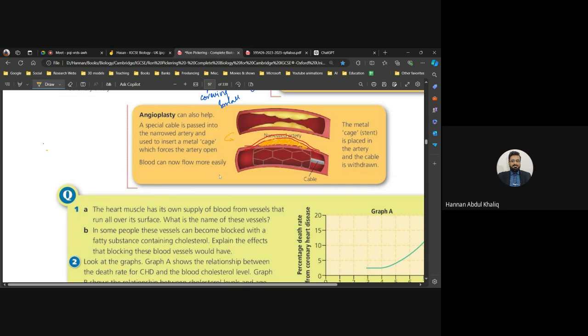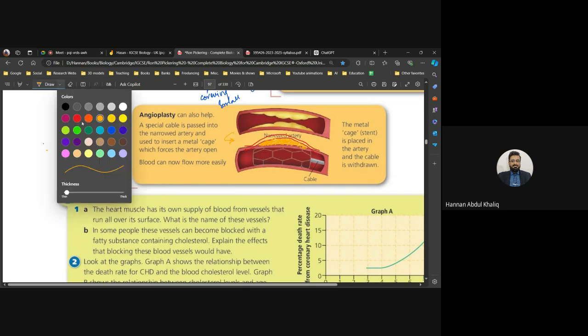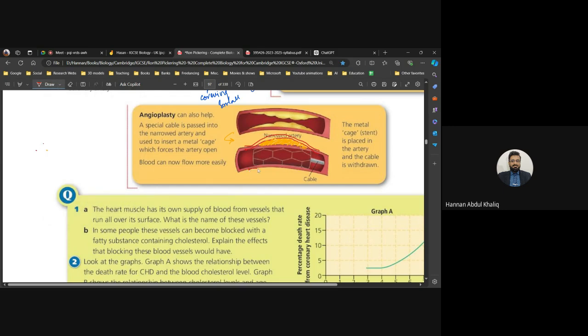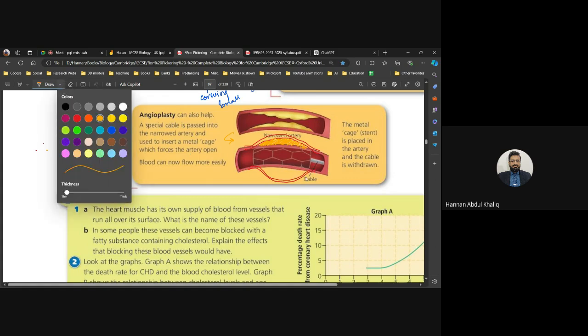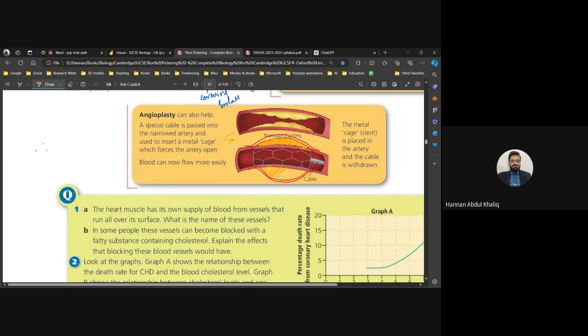The artery would appear like this, and the location where the stent is placed would appear like a balloon here. And this is the other side of the clot. In the middle, you now have enough space for the blood to pass.